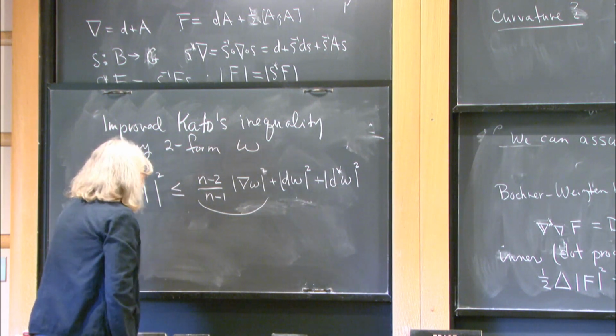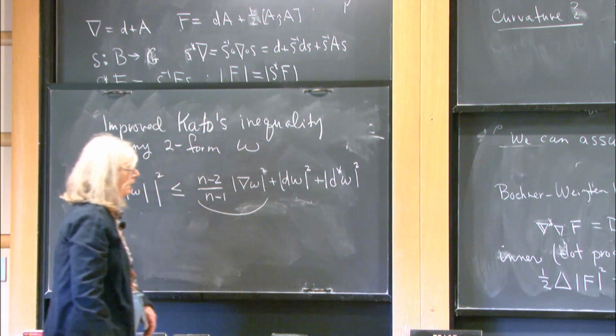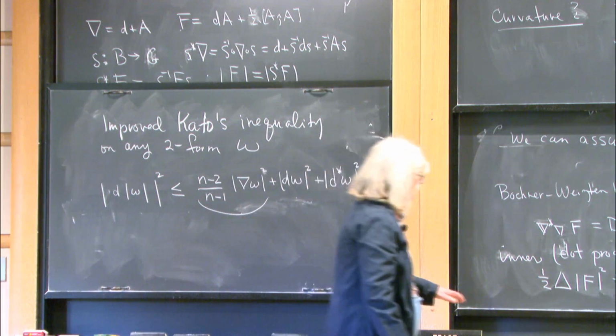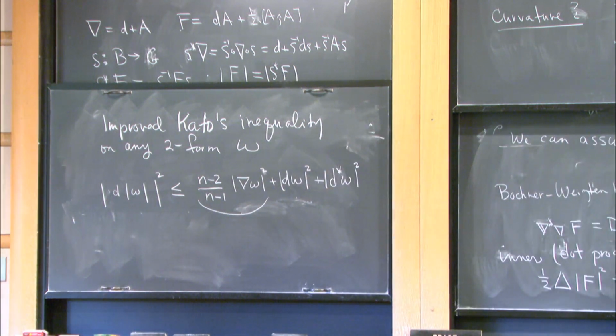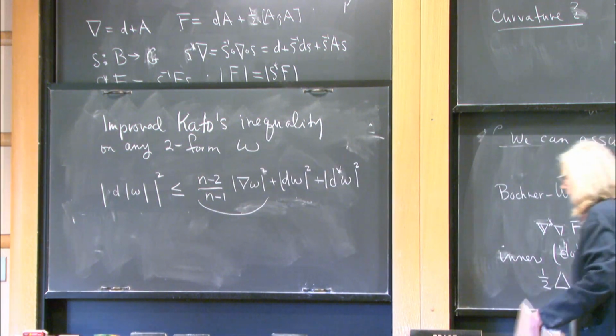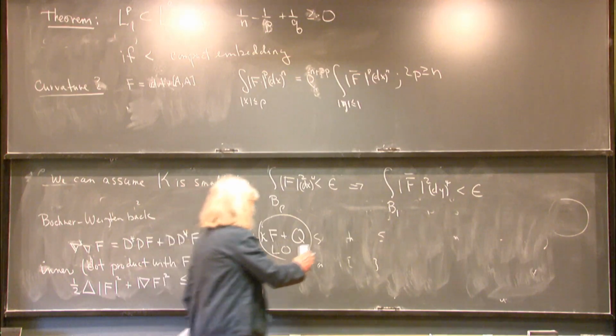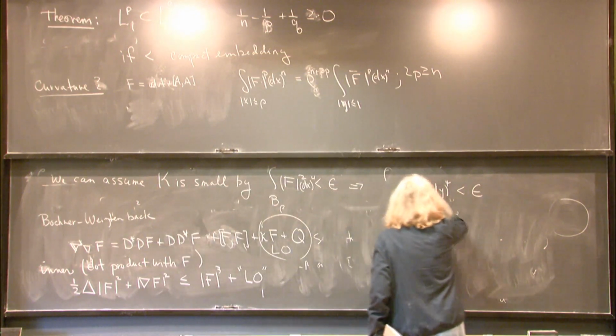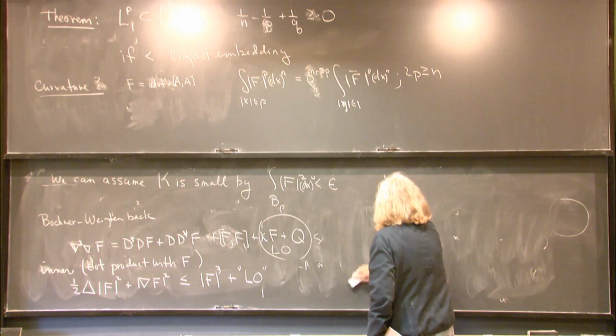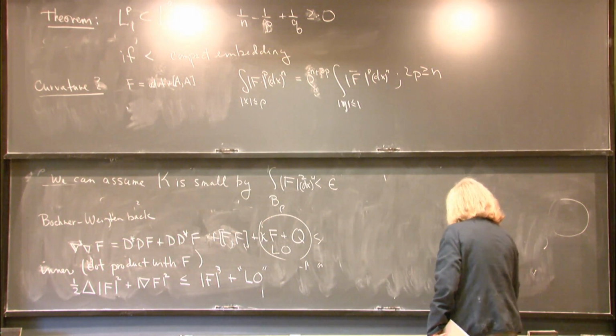With the improved Kato, I can take this inequality and divide by a power of f, and I'll explain why this is important.